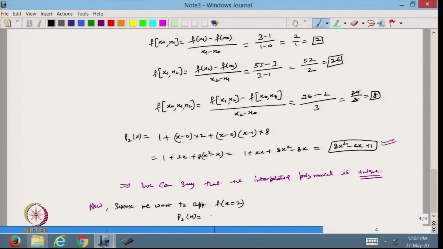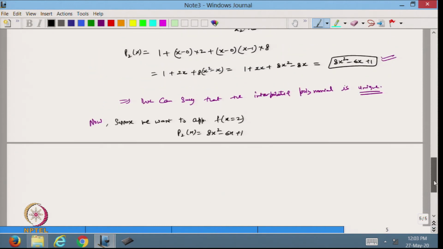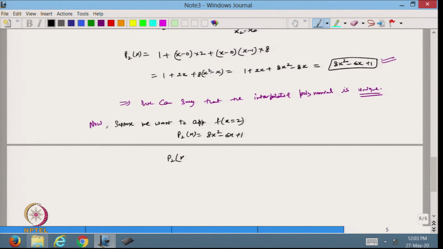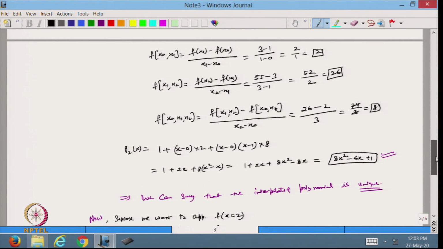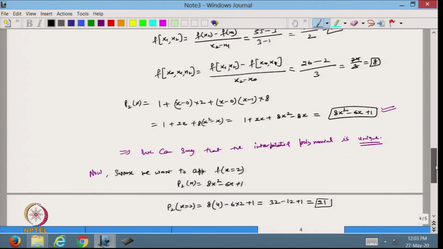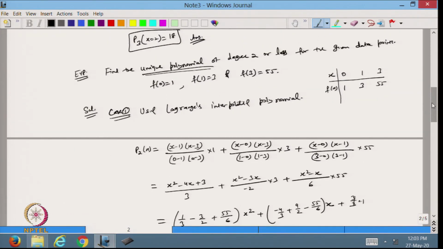I know that my p2(x) is 8x square minus 6x plus 1, so I just put x equal to 2 here. So it will be 8 into 4 minus 6 into 2 plus 1, so it is 32 minus 12 plus 1, so it is 21. So that is the answer, the corresponding value at 2 will be 21.